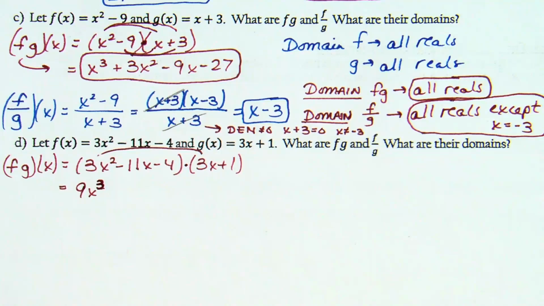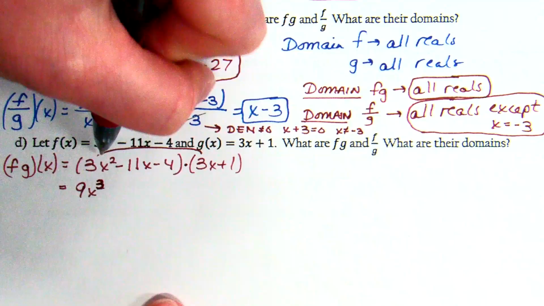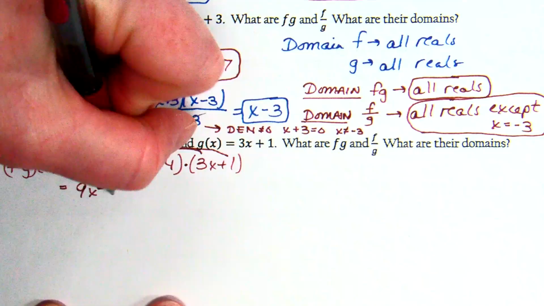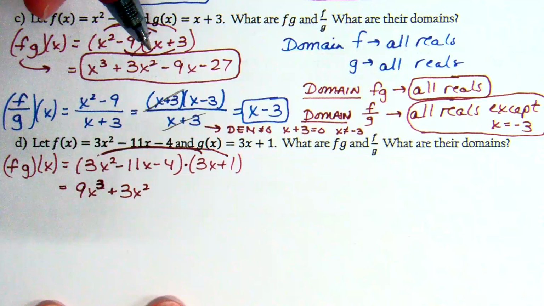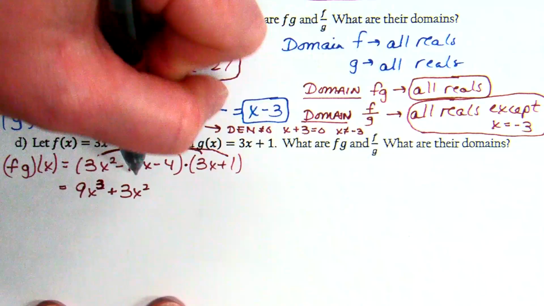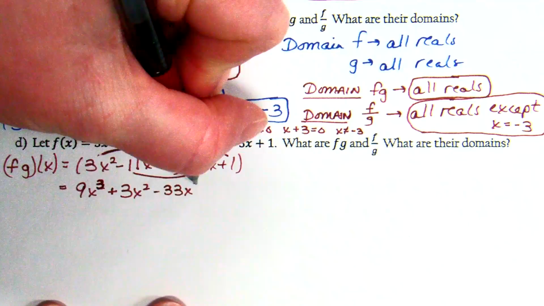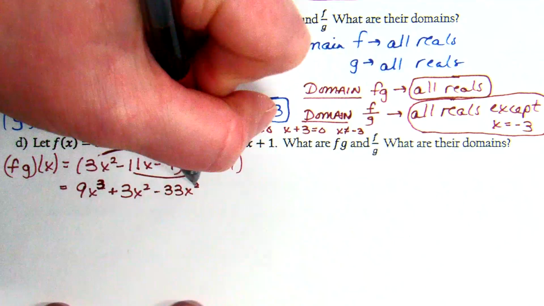Next, I'm going to take my 3x squared and also multiply it by 1. 3x squared times 1, 3x squared. Next term. Repeat the process. Negative 11x times 3x, negative 33x squared. Remember, when you're multiplying, add the exponents.